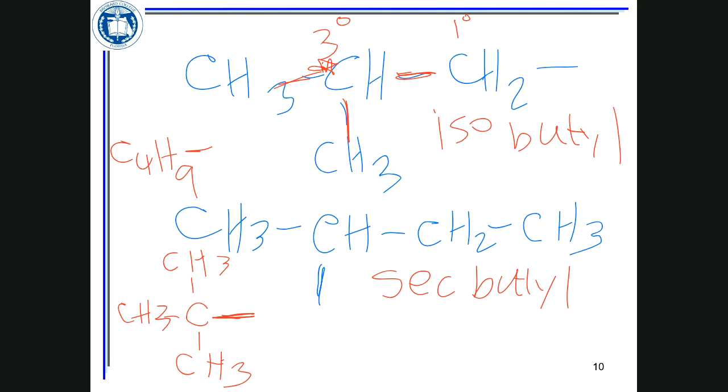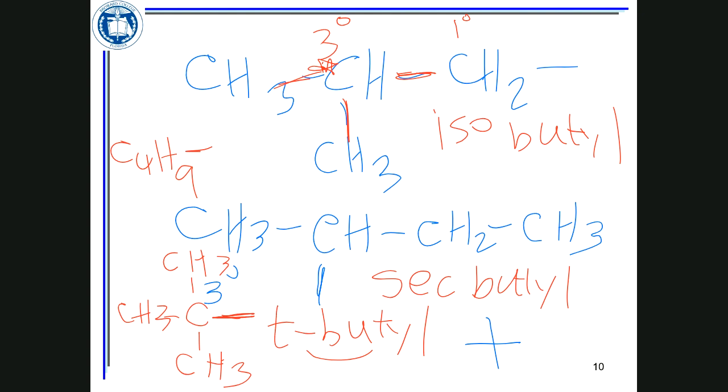But if it's a butyl, is it normal butyl? Is it isobutyl? Is it sec-butyl? Or does it look like this and you call it t-butyl? A t-butyl means a tertiary carbon.